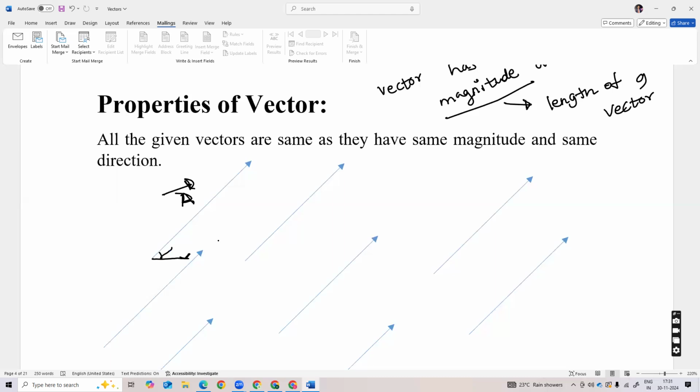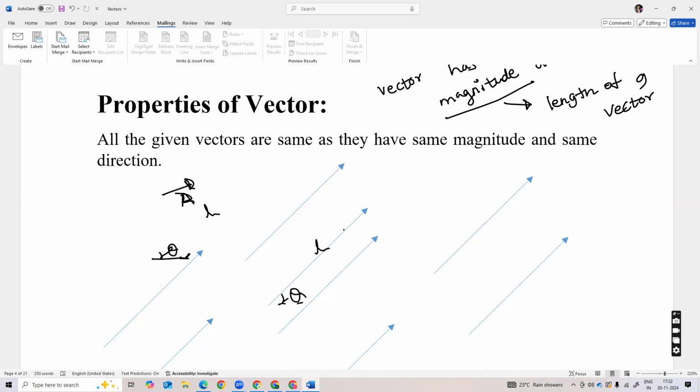No matter where you move this vector, and let's say its length is L, if it is pointing towards the same direction, like if it is making the same angle theta with the positive x-axis and it has the same length, then these vectors are the same.